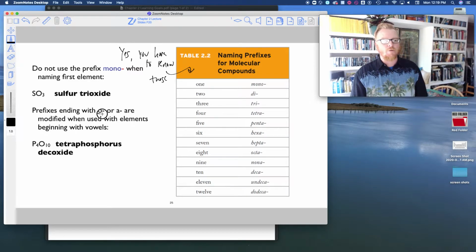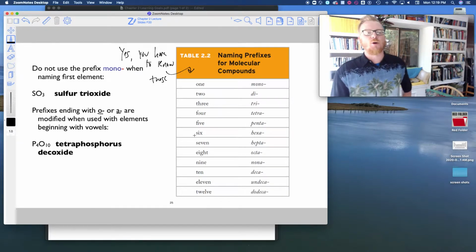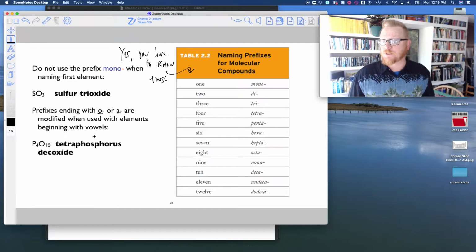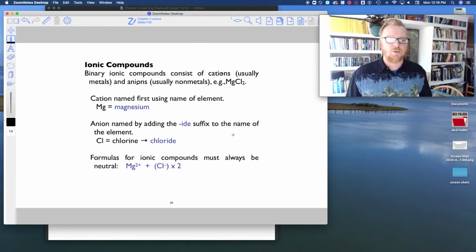Oxygen is a good example of that. So P4O10, and look, now there's 4 on this phosphorus. So 4 is tetra, so tetraphosphorus decoxide. Let's keep going. There's going to be lots and lots of examples for you to work on with these.